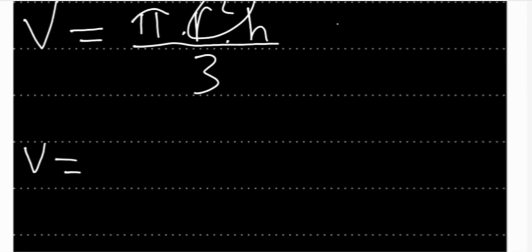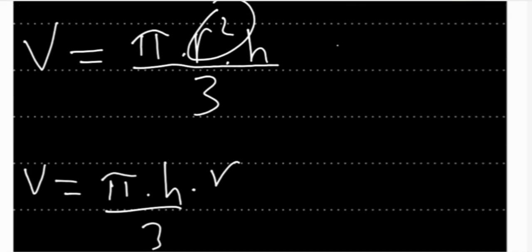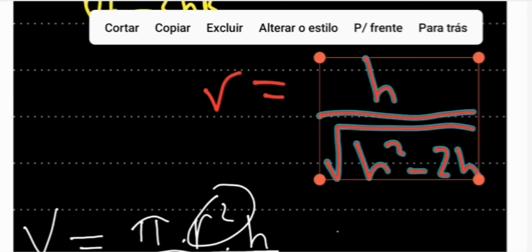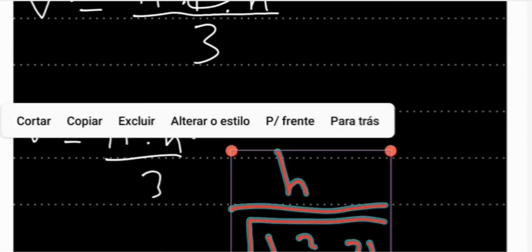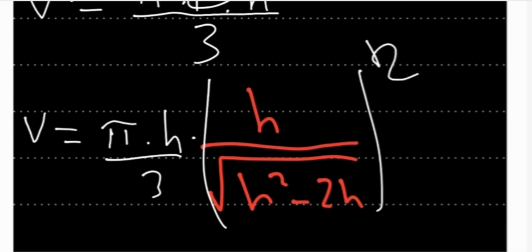So V is equal to pi multiplied by h divided by 3, multiplied by r squared. But in place of r squared, I'm going to put this squared. I'm even going to just copy it over here, and it is squared, because r is squared.